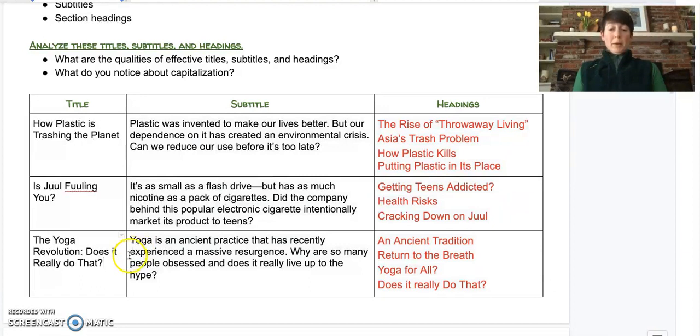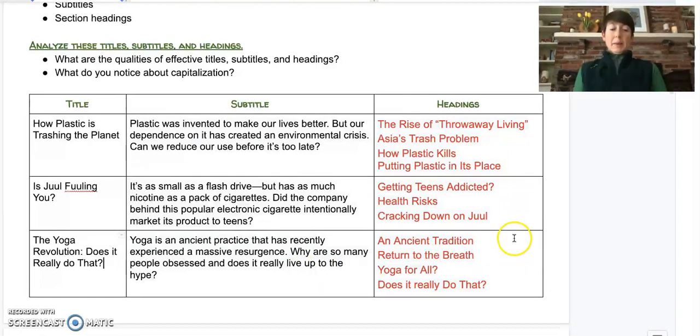Also, my core message is going to be about how there's a spike in yoga practicing around the Western world, a real increase in it. So that's where I bring up this massive resurgence. But in my core message, I'm also going to talk about why people are so drawn to yoga today, and whether it is really delivering what people claim. So I'm prepping my reader with that question at the end of the subtitle.